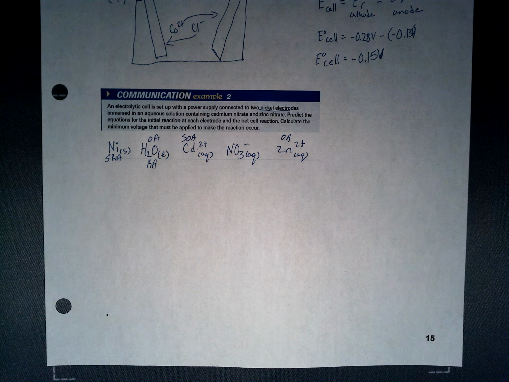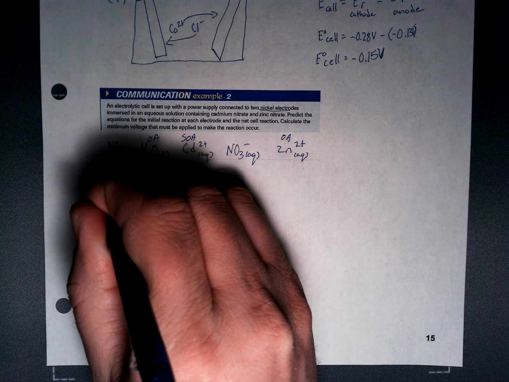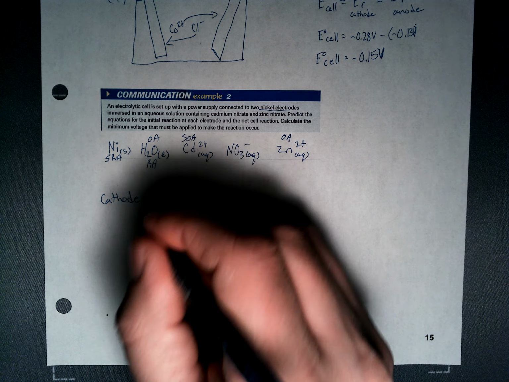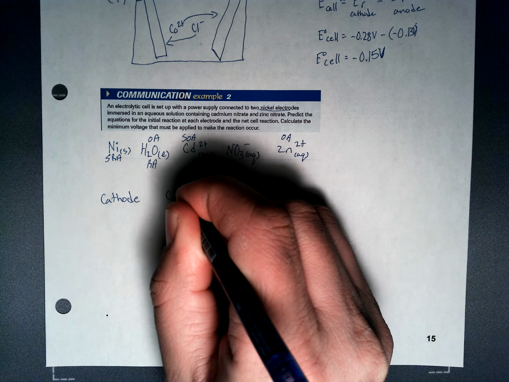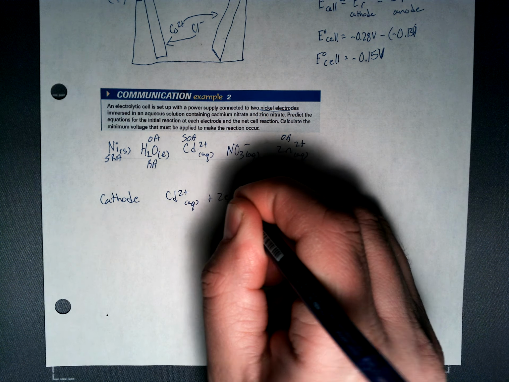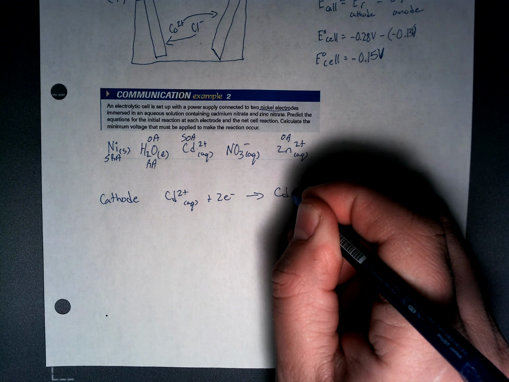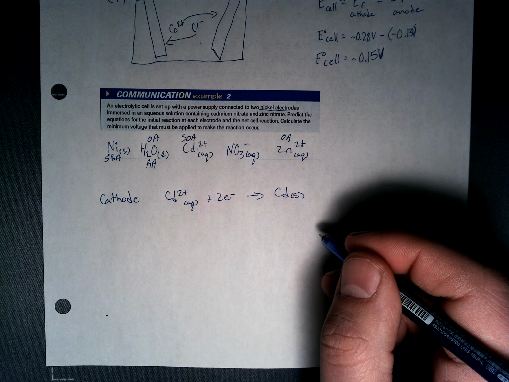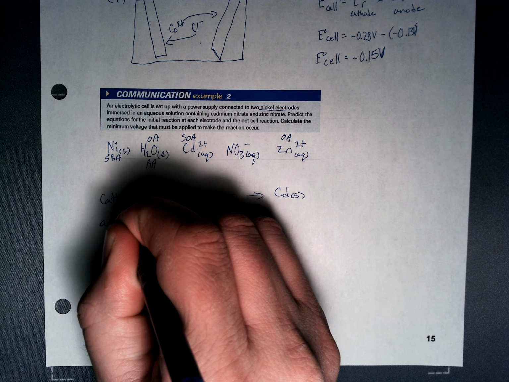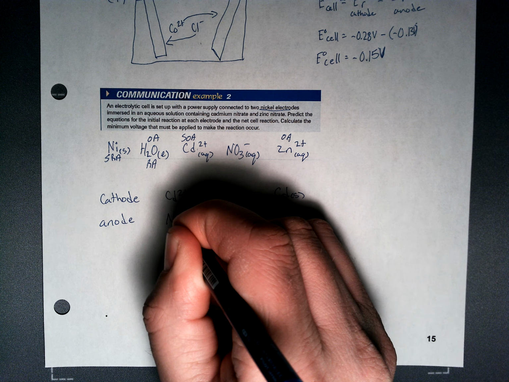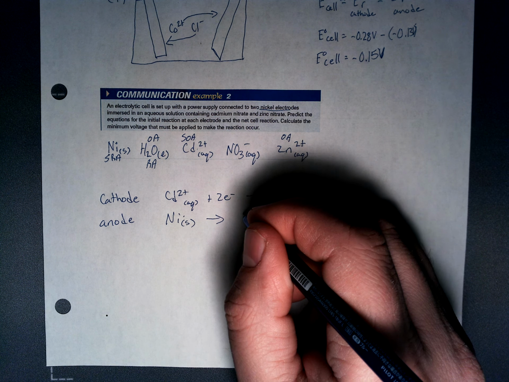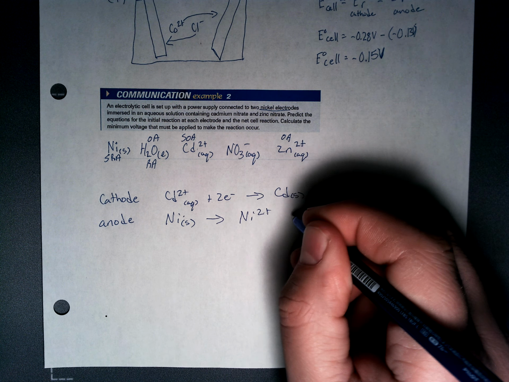So at our cathode is going to be our strongest oxidizing agent reaction, so Cd2 plus plus 2 electrons, and that's going to produce Cd solid. And then at our anode, we have nickel solid. That's going to produce nickel 2 plus and 2 electrons.